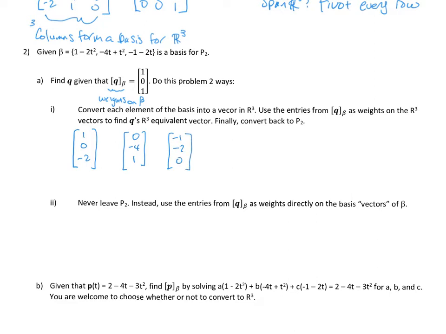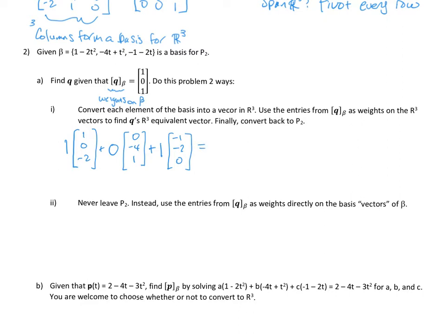Okay. Then it says use the entries from the coordinate vector with respect to the basis beta as weights on the R3 vectors. So I'm going to put a 1, a 0, and a 1. And we'll do this arithmetic out.